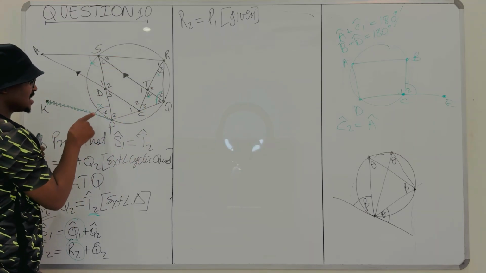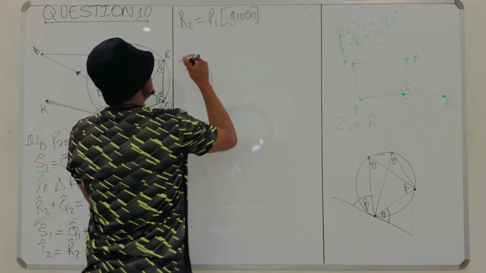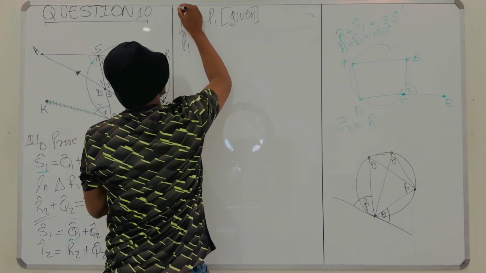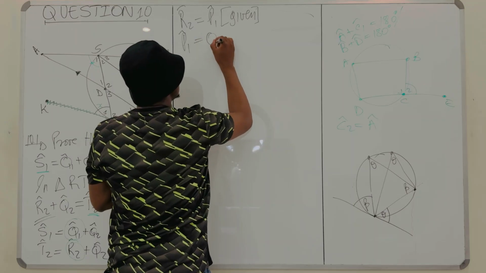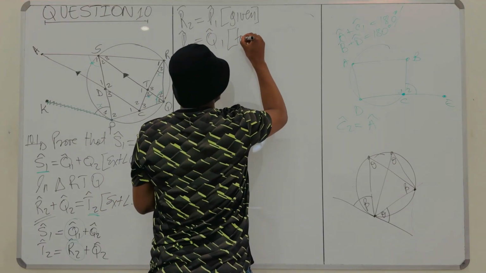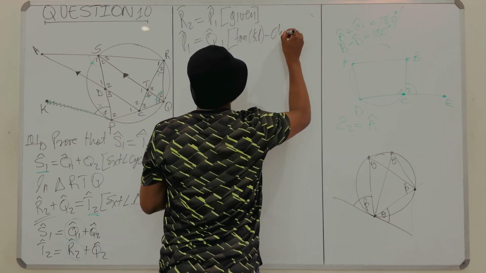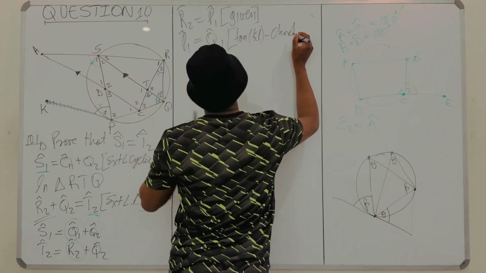What that means is that angle P1 is equal to angle Q1. Why? Because of the Tan-Chord theorem: we have a tangent KP and a chord SP.